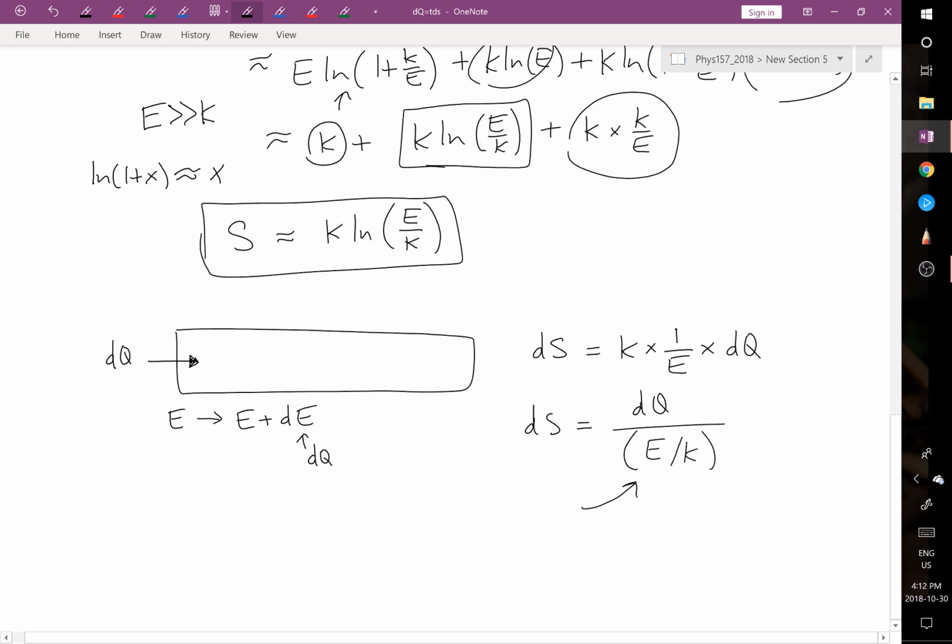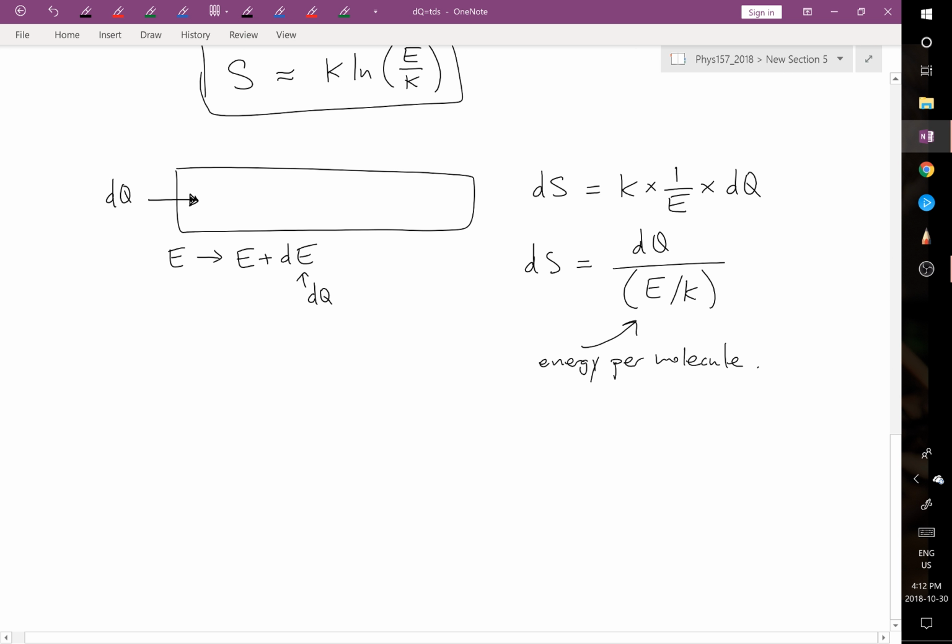Okay, so what is E over K? Well, this is like the energy per molecule. Okay, and remember, that was basically our definition of temperature.